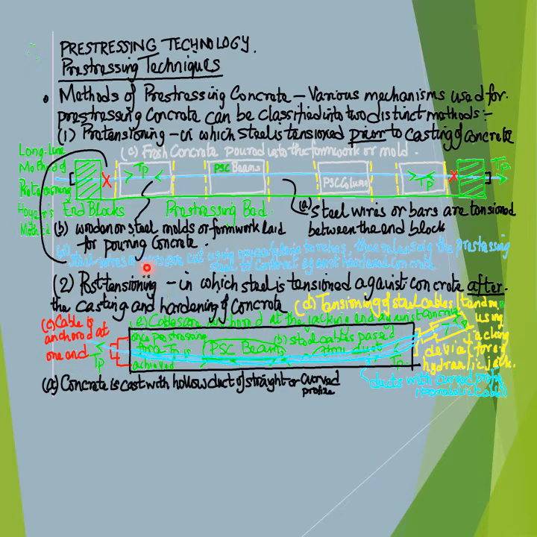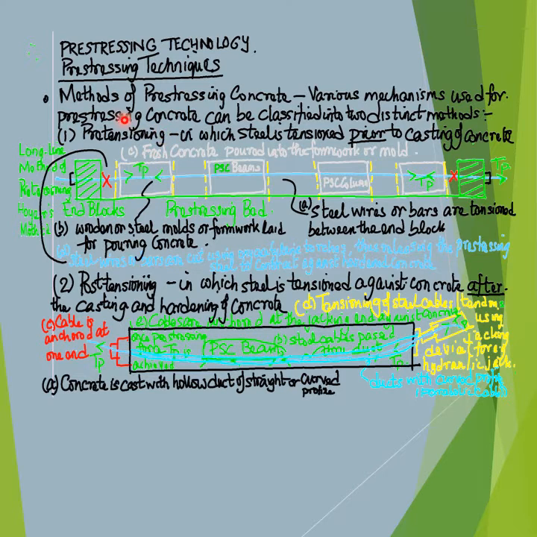And as the name suggests, the post-tensioning method of pre-stressing steel is one in which steel, termed as the post-tensioning steel, is tensioned against the concrete after the casting and hardening of the concrete, in contrast to the pre-tensioning method of concrete.